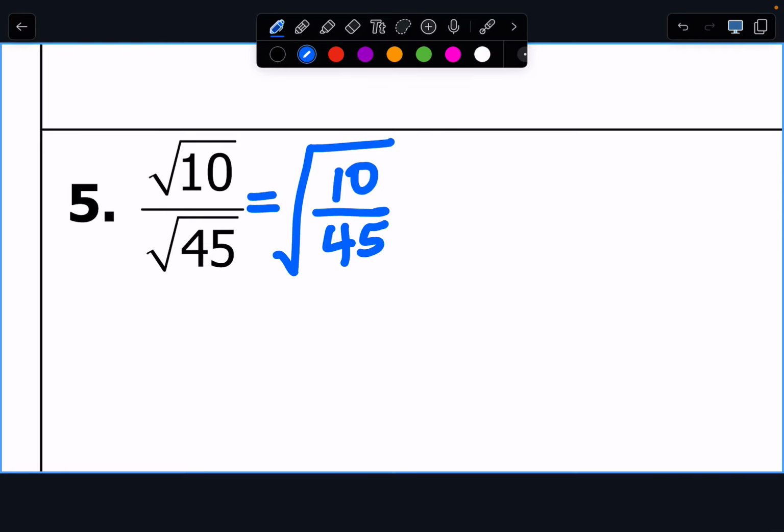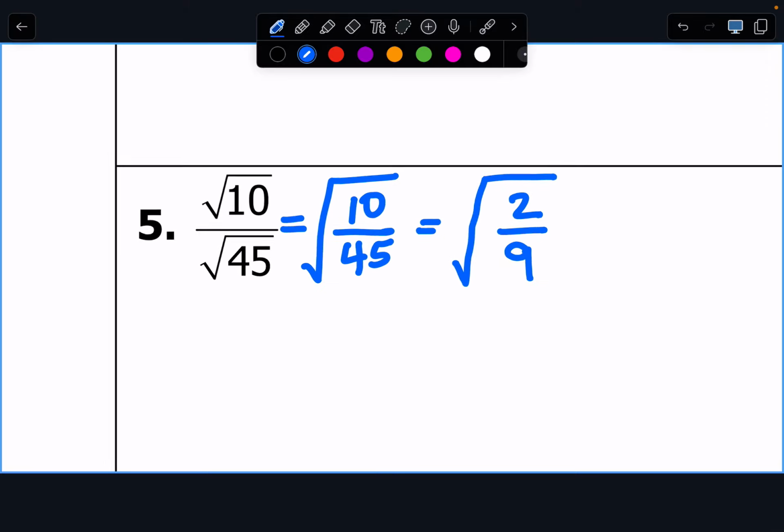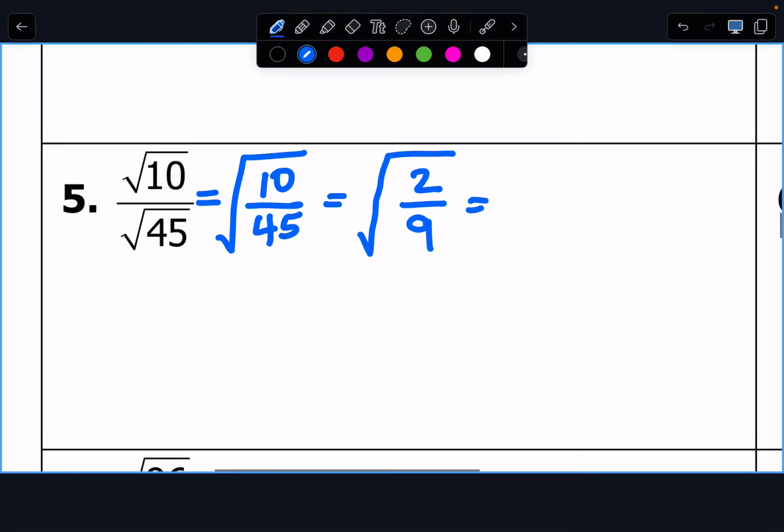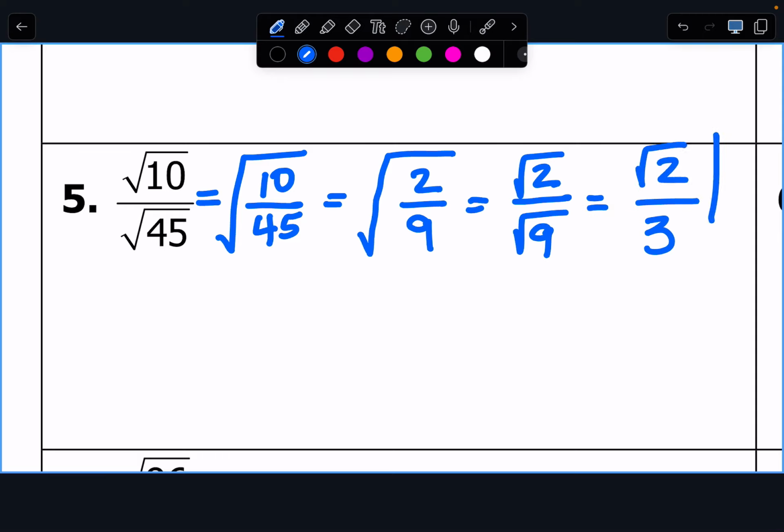Why is that helpful? We can simplify the fraction. And this fraction would simplify to be, oh, I like that. Don't you? Because now we can go back again to 2 separate radicals for numerator and denominator. And since 9 is a perfect square, we can call that good.